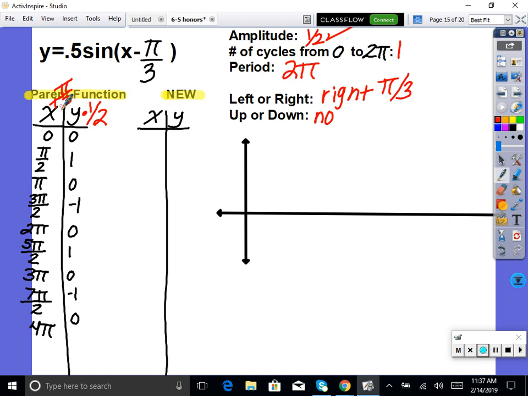So everybody, you have to be able to add fractions correctly. 0 plus pi thirds is pi thirds. Pi halves plus pi thirds is 5 pi 6. Pi plus pi thirds, 3 pi halves.